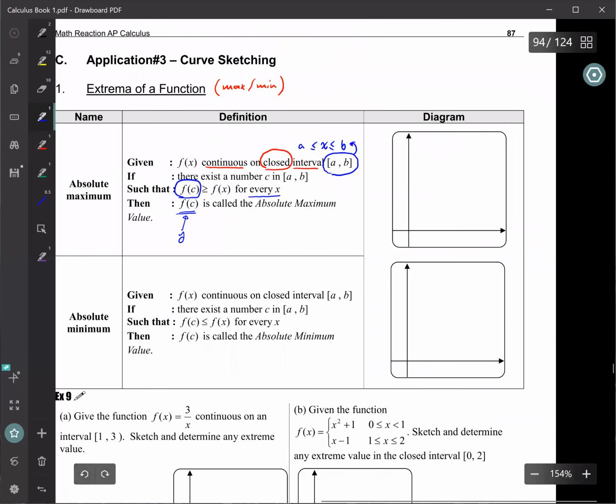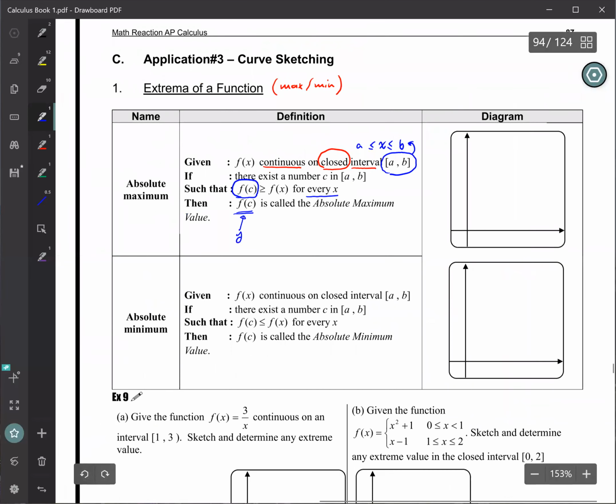So one example will be, if I draw a graph like that, then we would have an absolute max. Here's A, here is B. So this is a closed interval. You can tell it's closed interval because the end is a solid dot, not an open circle.